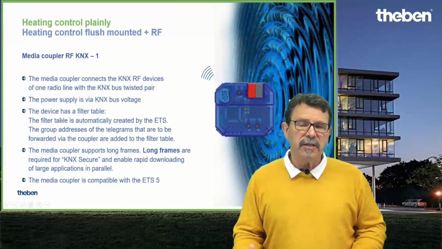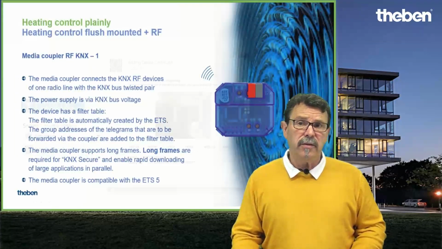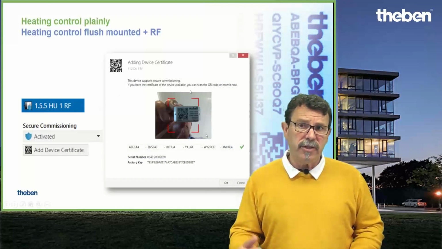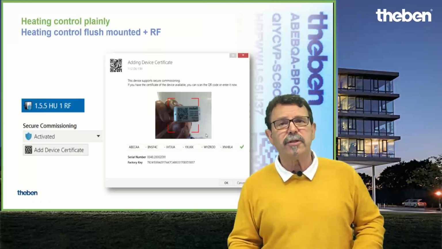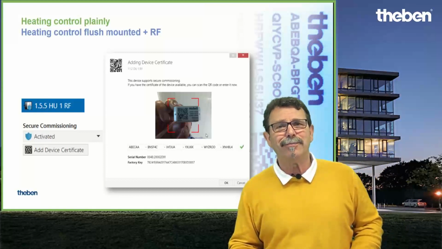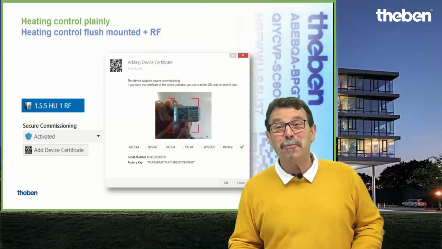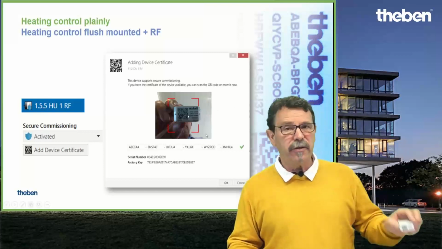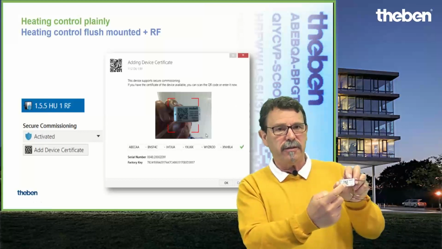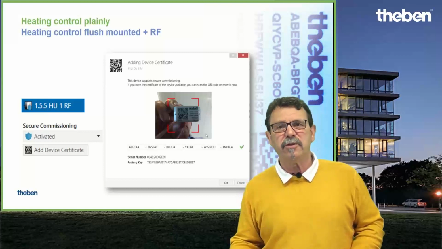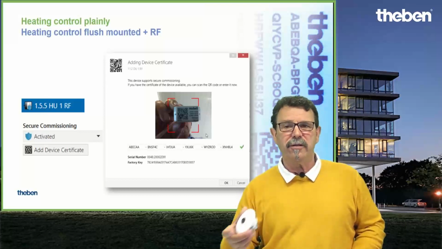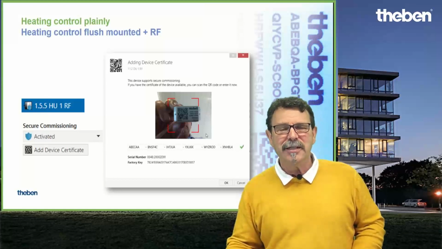You can operate this in secure mode. It is to be mentioned that all our flush mounted actuators and some more prestigious products are meanwhile equipped with KNX Secure. You just have to take the QR code, which you find on all of our flush mounted actuators, on the EON temperature controller, and in the future on our brand new sensor.